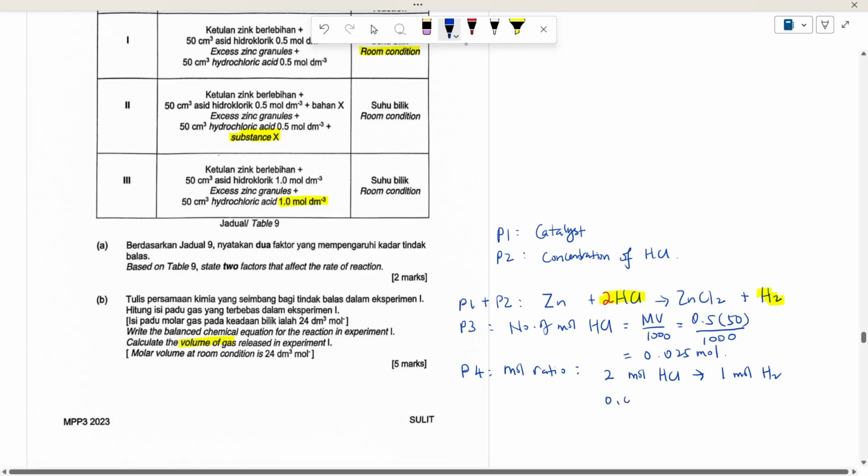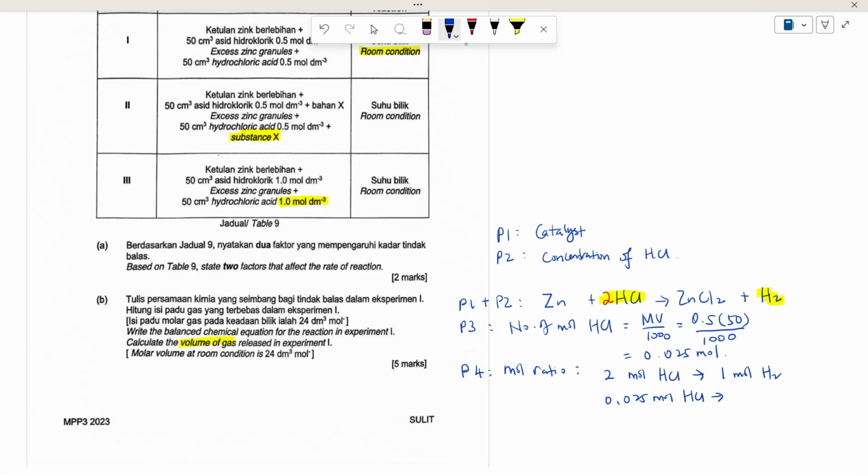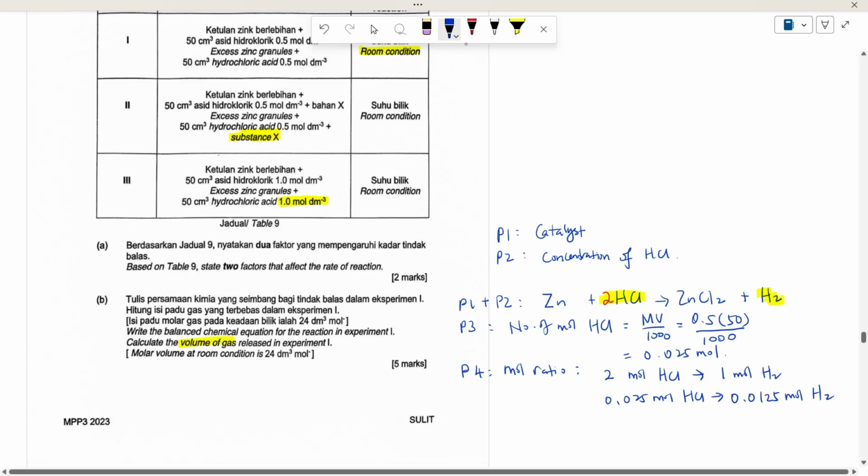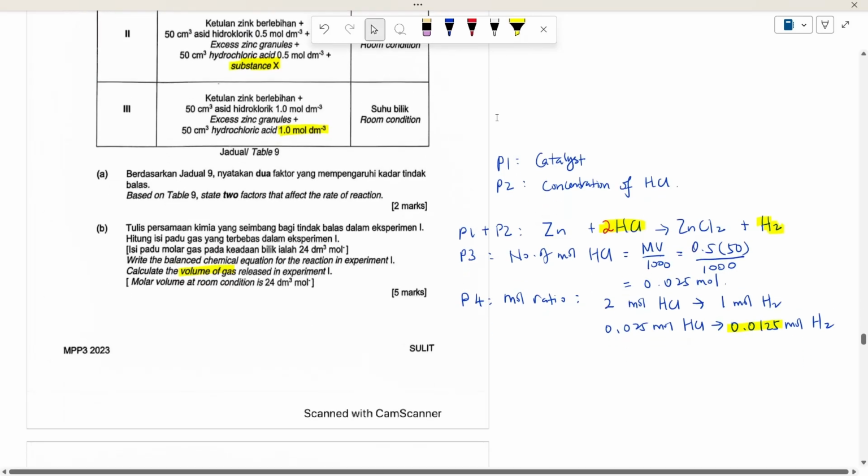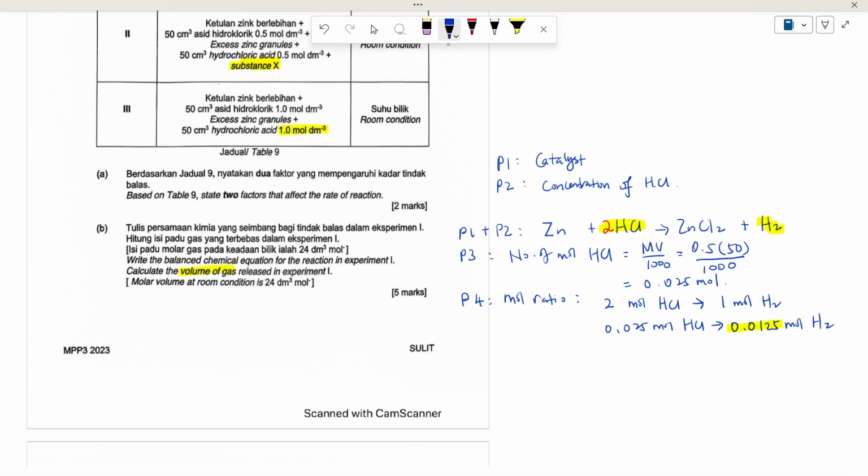So if 0.025 mole hydrochloric acid, what do you think? 2 to 1 means half, right? So 0.0125 mole of hydrogen gas.